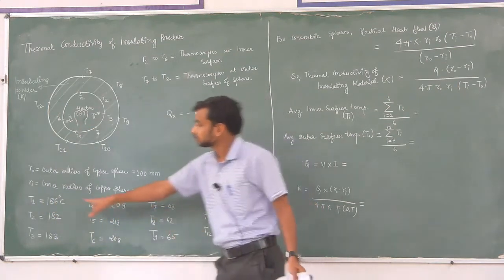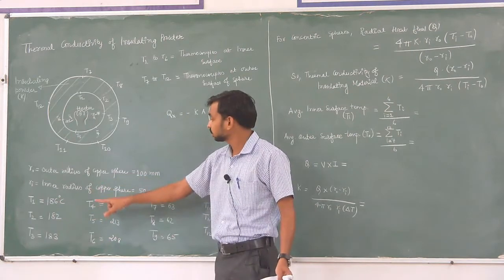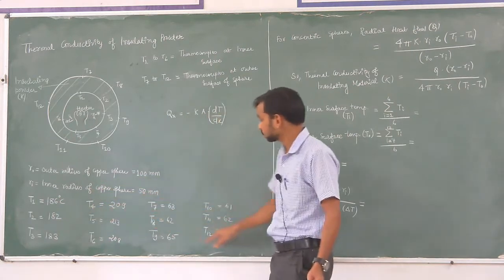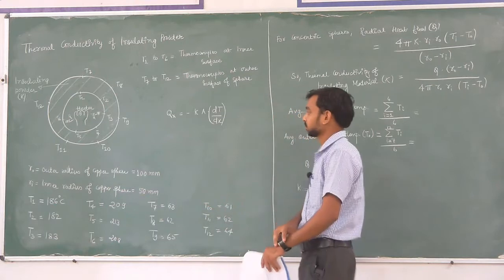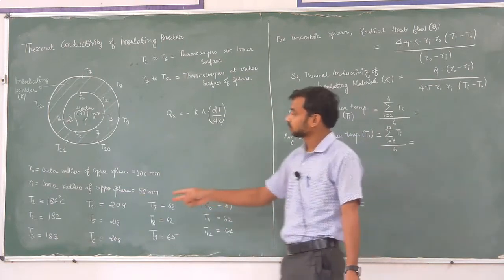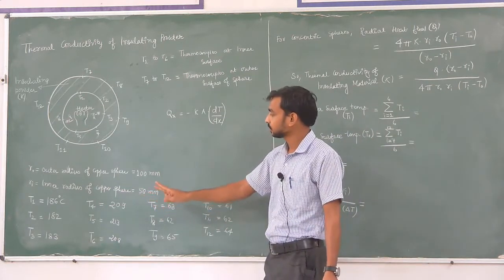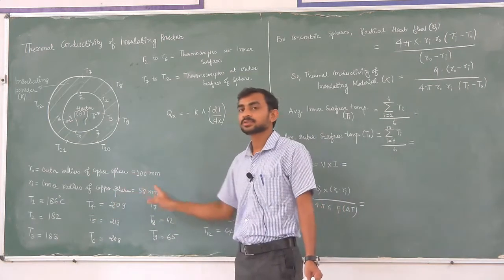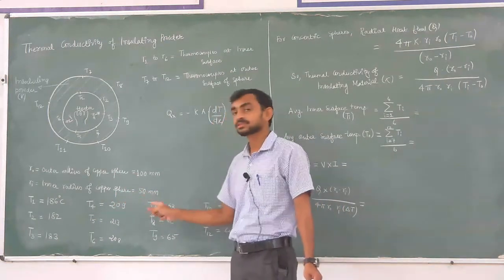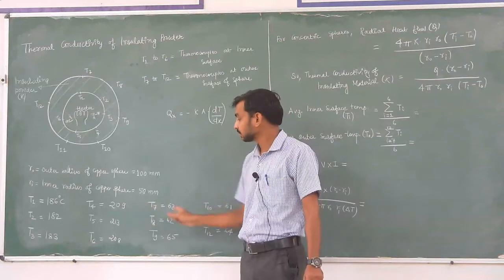So, these 6 are the readings at the inner sphere, and these 6 are the readings at the outer sphere. And as you can see, there is a temperature gradient between the inside and outside sphere.